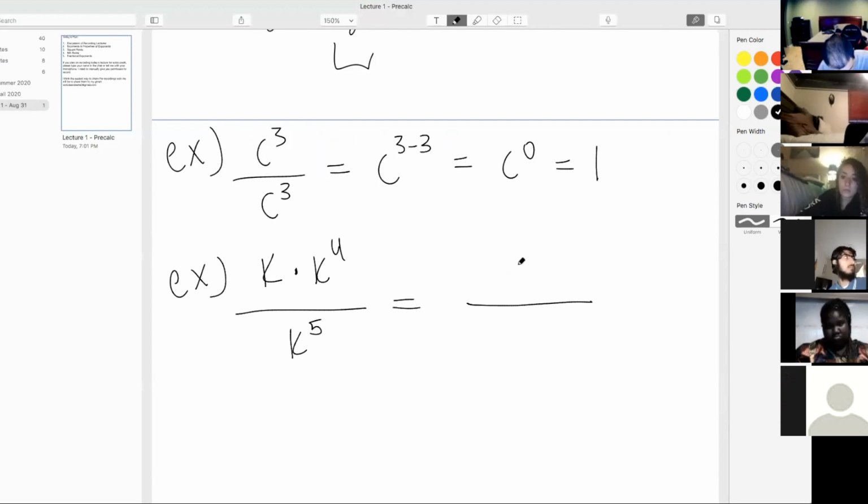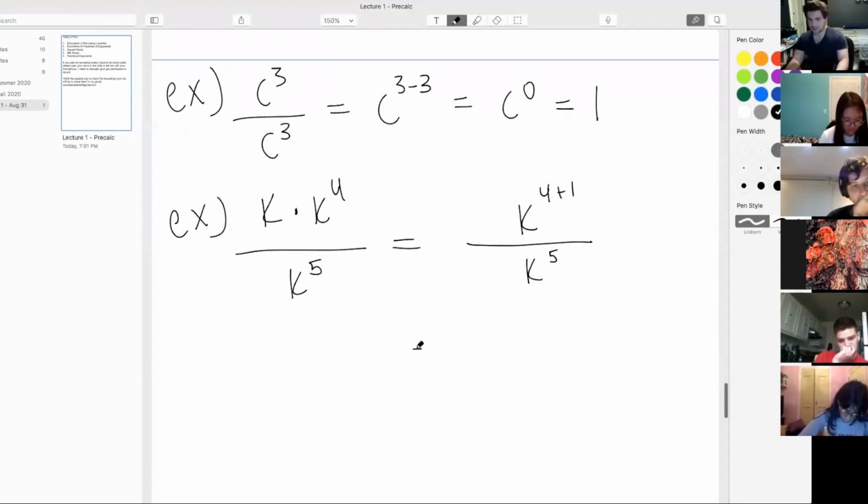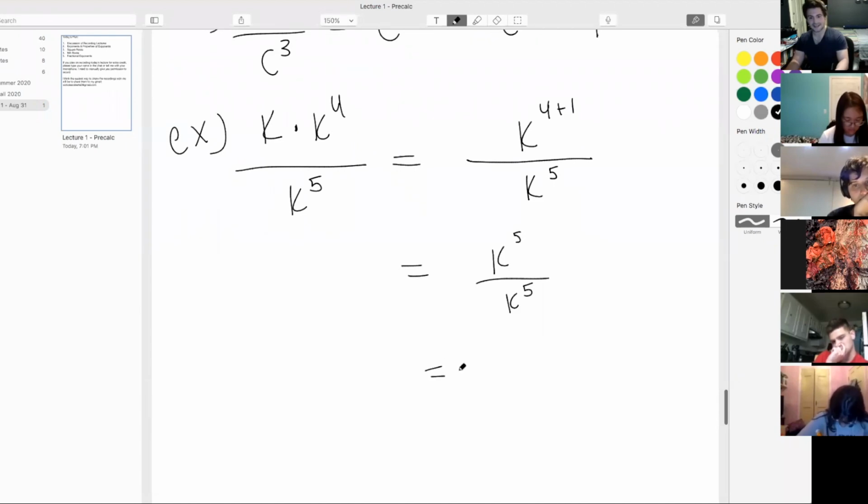I hope you agree that the numerator will become k to the 4 plus 1. I'm using the product rule there in the numerator, and the denominator stays as is, k to the 5th. Now we can keep going here. This is k to the 5th divided by k to the 5th, and that's k to the 0. That's 1.